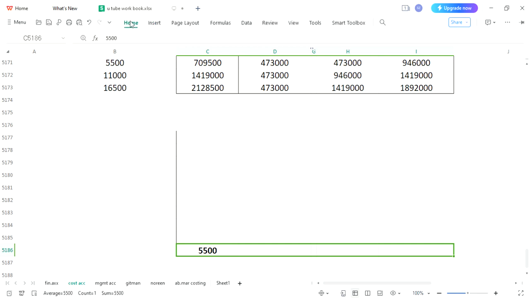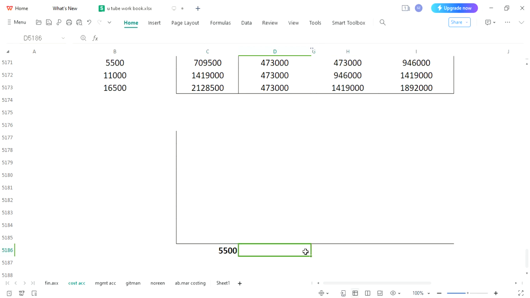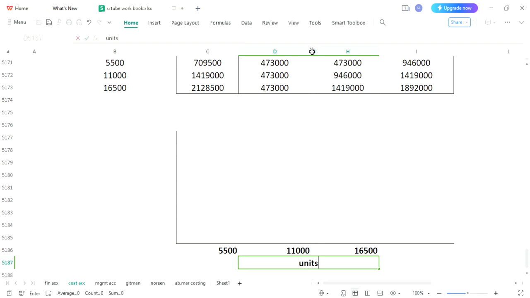First element 5500, then second element 11,000, and third element 16500. So here you have put your number of units. Number of units would be put over here.